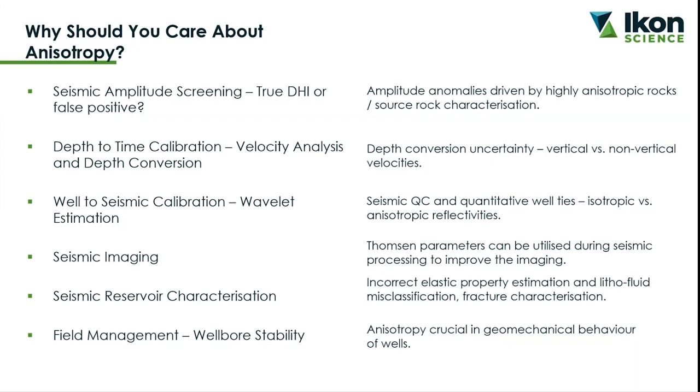In the reservoir characterization workflow, are we sure that the elastic properties that we've derived from the seismic are the correct properties to be used for classification? Can we leverage the anisotropy to understand something about fracture distributions, orientations, and presence?